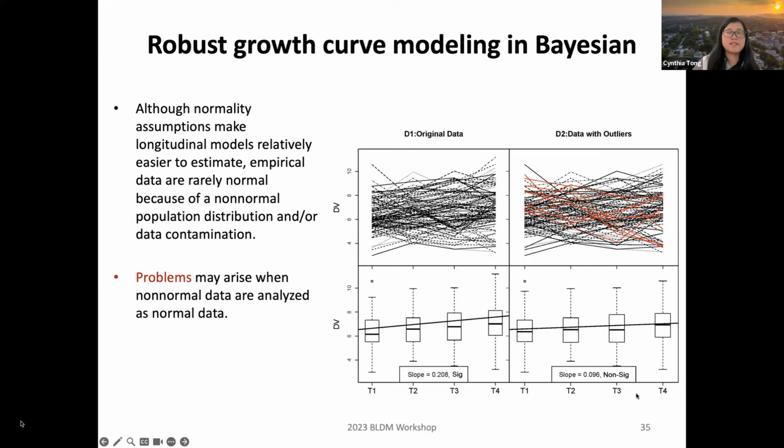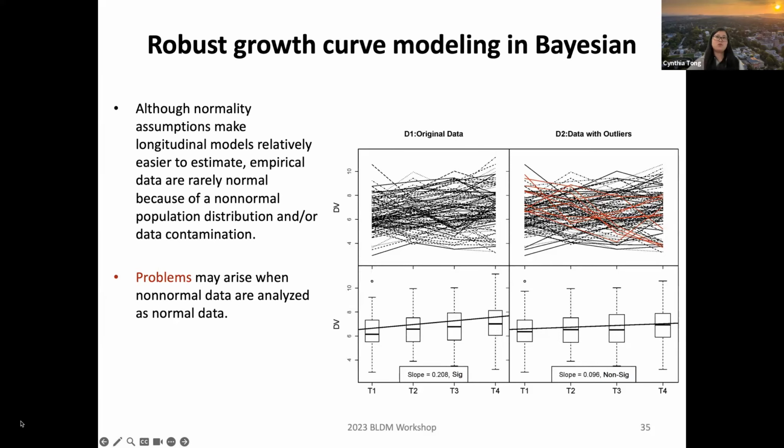And on the right, it's the same data set, but I randomly selected 10 subjects from the 200 subjects and replaced them with multivariate outliers. Those outliers were generated from another growth curve model, similar to the original data, but the only difference is that the slope is negative instead of positive.